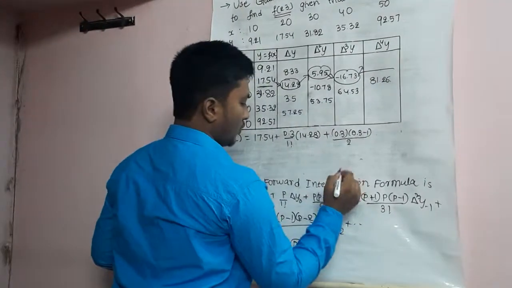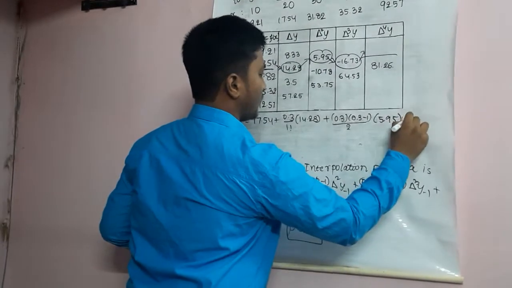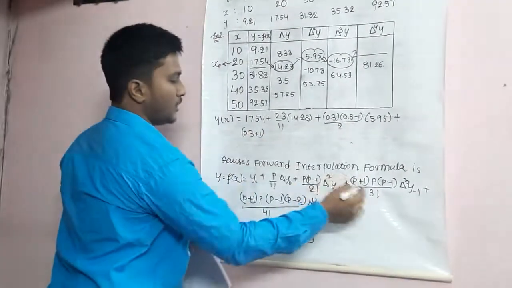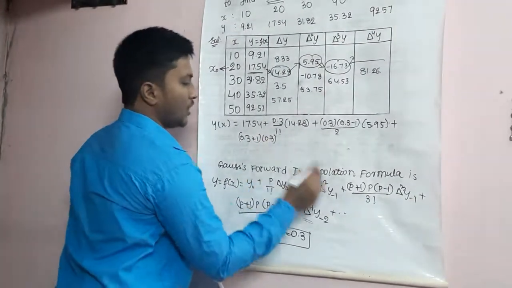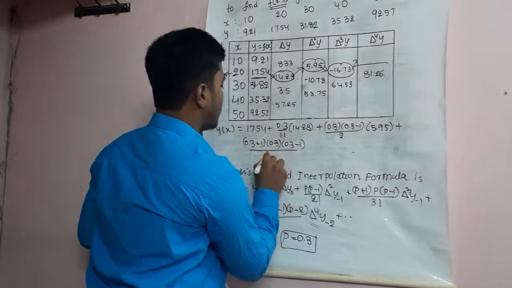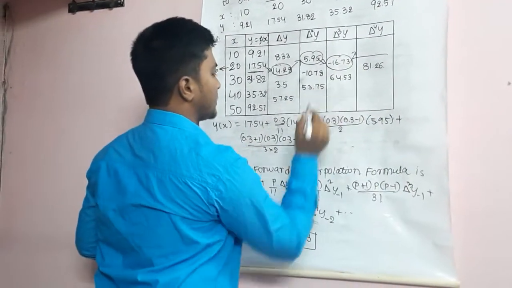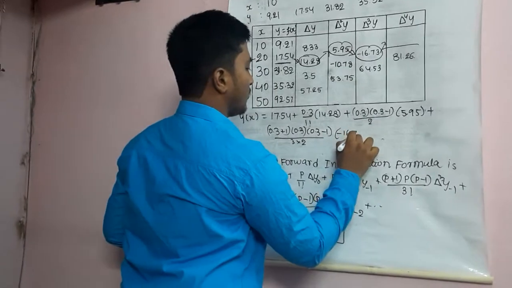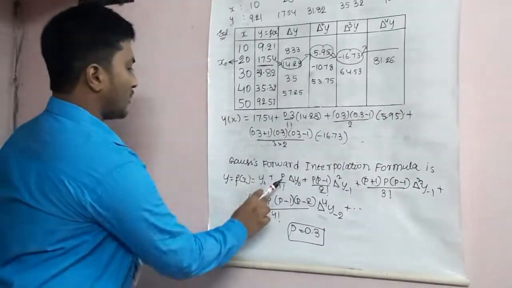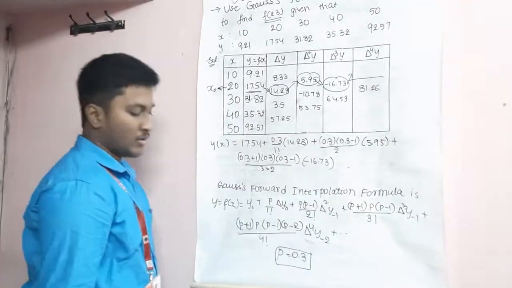So p minus 1 by 2 into delta square y suffix minus 1 is 5.95, plus p plus 1, 0.3 plus 1, into p, 0.3, into p minus 1, 0.3 minus 1, by 3 factorial, meaning 3 into 2. So delta cube y suffix minus 1 is minus 16.73. So from the given formula, we should identify every term and write in a similar manner.